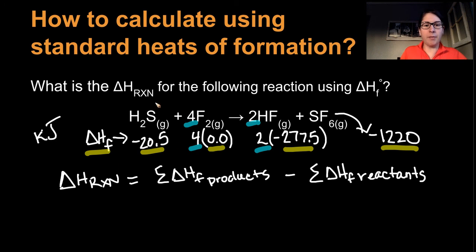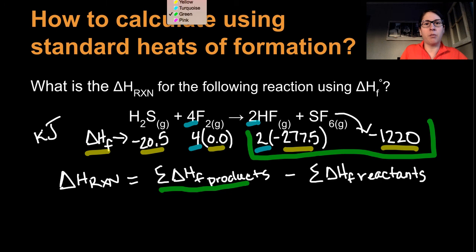So I see that my reactants are over here and my products are over here, and so I want to separate those out. Okay. So my products will be the green ones here. Those are going to be my products, and then we'll make the pink my reactants. So these are my reactants here.